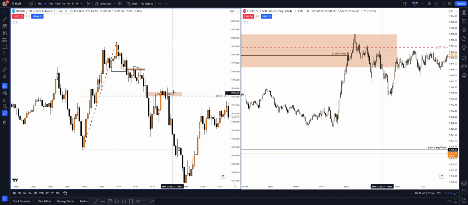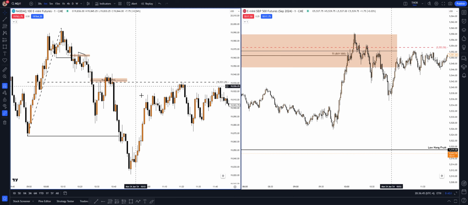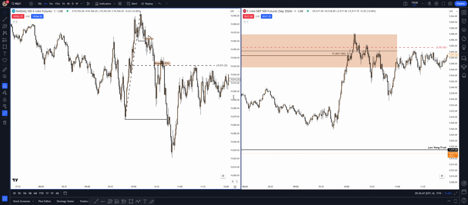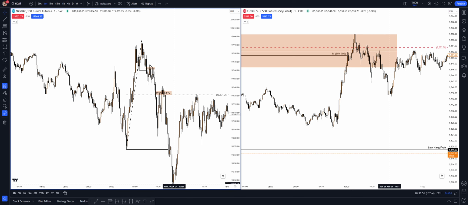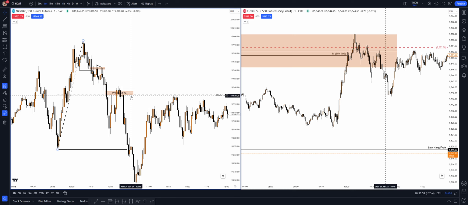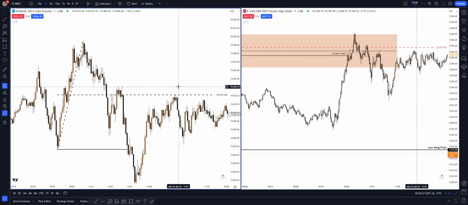Now, here's what happened afterwards. I think what happened afterwards is more important because that was a low resistance run afterwards. So here, I'm going to delete the premium fair value gap, this delivery, I already talked about it.